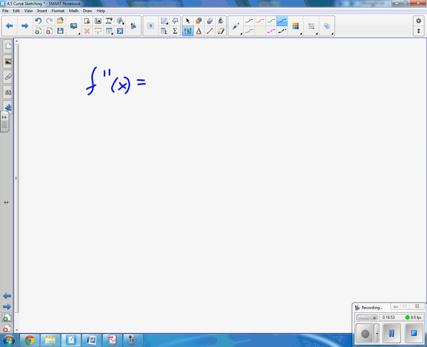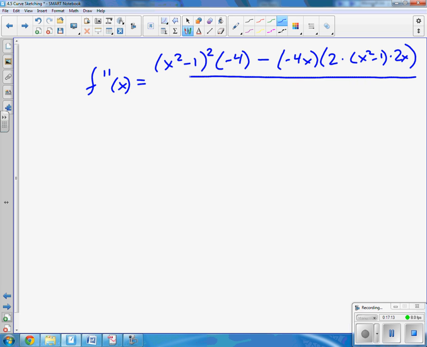Use my first derivative function, so derivative of that, bottom, quotient rule again, bottom times the derivative of the top, minus the top function times the derivative of the bottom. Here I actually need the chain rule to get that derivative. And then all of that's going to be over that bottom function squared, which means it's now to the 4th power.